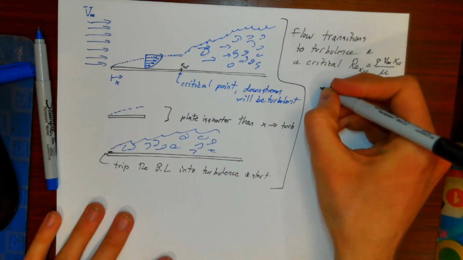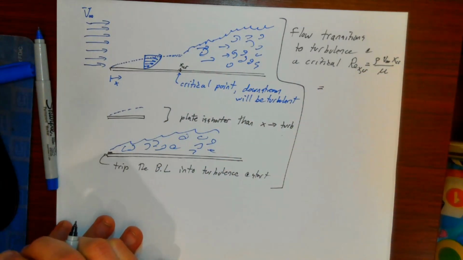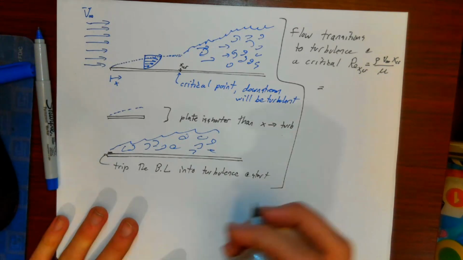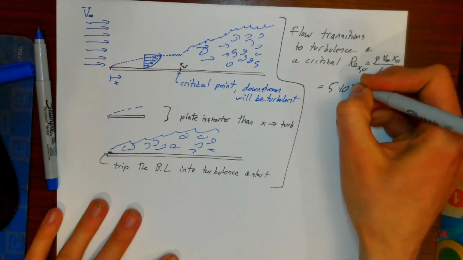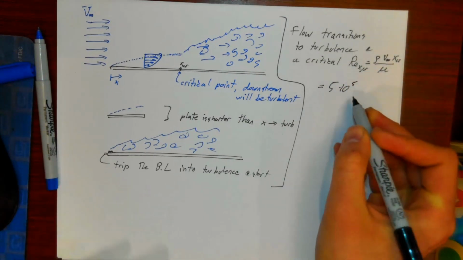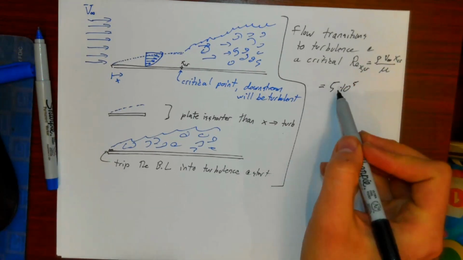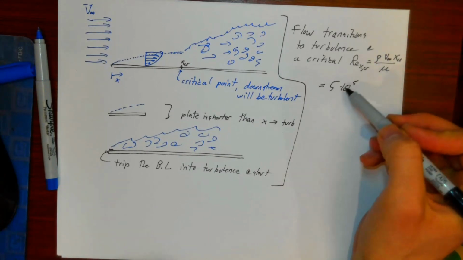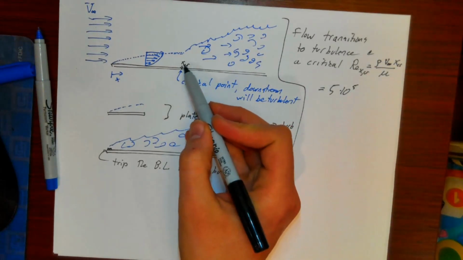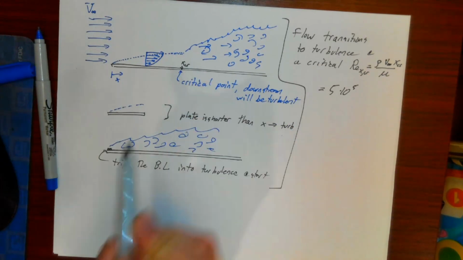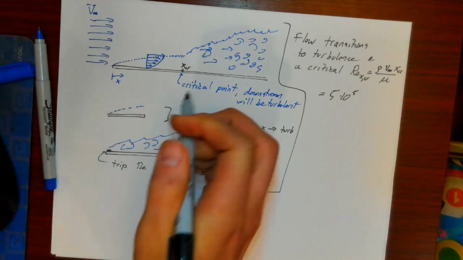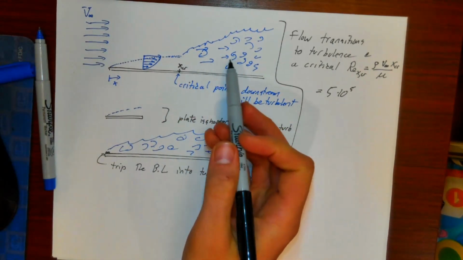And it turns out that this critical Reynolds number is equal to 5 times 10 to the 5th. So for example, if you knew your V infinity, rho, and mu, this 5 times 10 to the 5th would give you the information you needed to correspond to the physical distance at which you expect it to transition to turbulence.